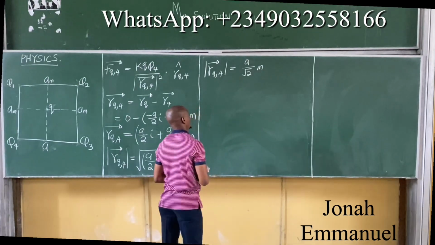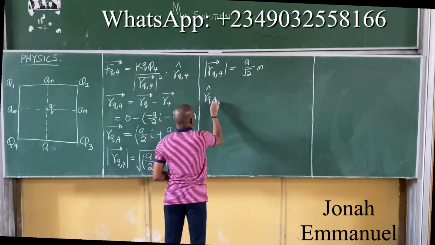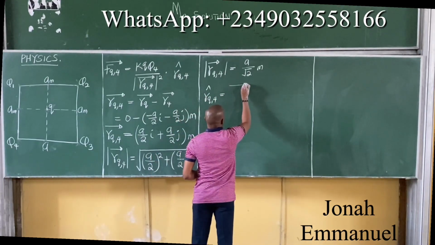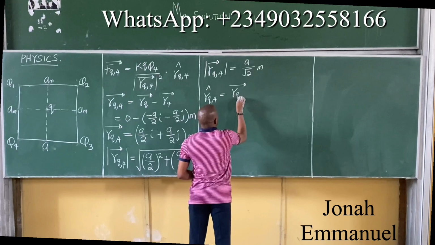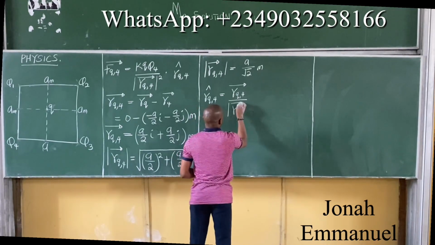Let's get the unit vector. The unit vector of RQ4 is equal to the position vector of RQ4 all over the magnitude of RQ4.